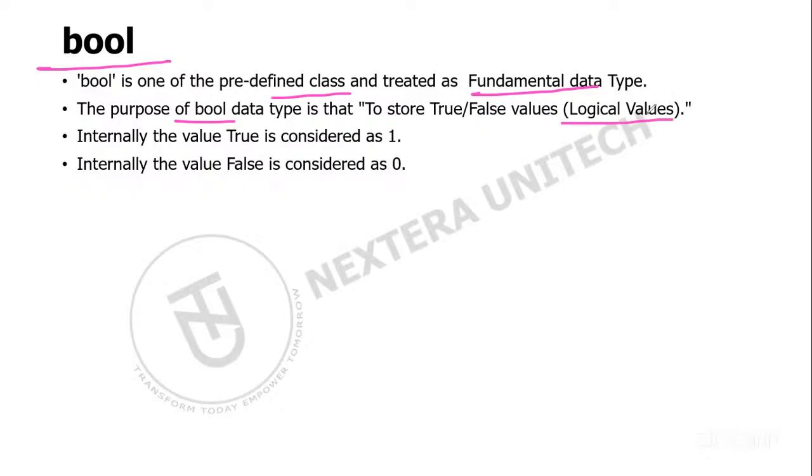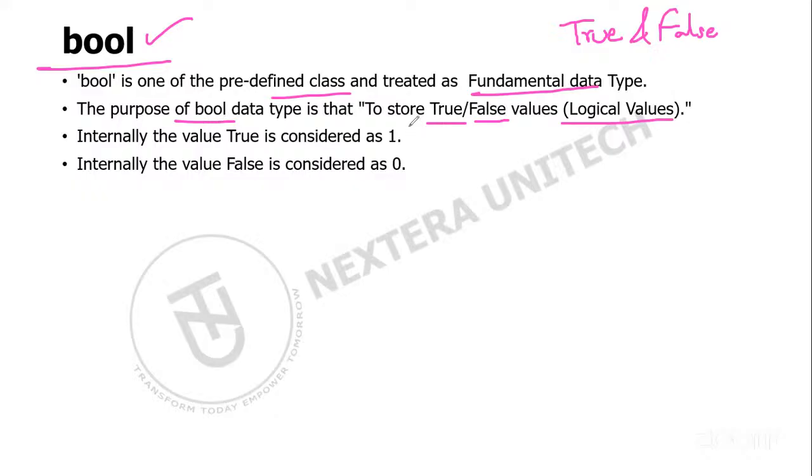What are the logical values that we have? True and false are considered as logical values in Python. And in order to store these logical values, we use the bool data type.